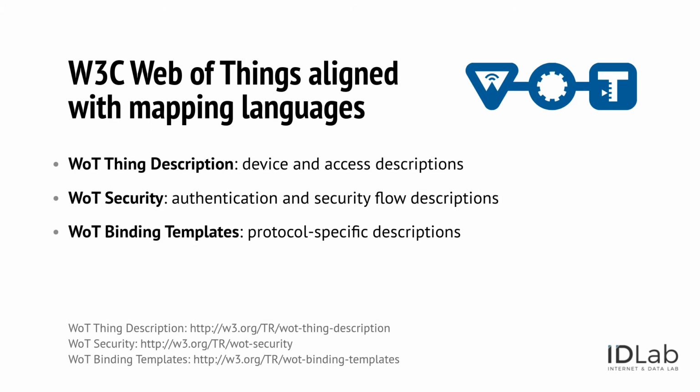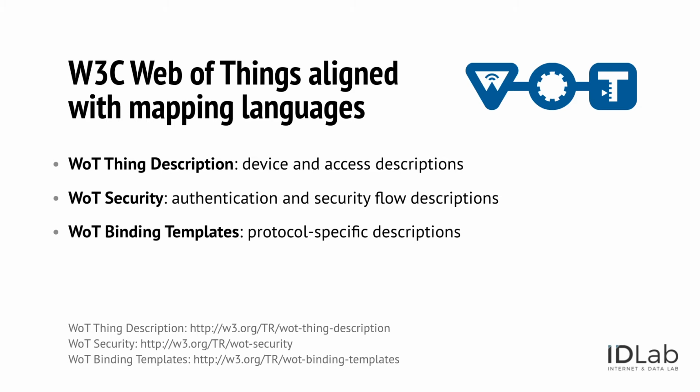We used three recommendations. The first one is the thing description that specifies the access to web APIs and streams. It describes the location of the web API, the kind of content you retrieve, and so on. The second is the security. This recommendation specifies the authentication and security flows when accessing this web API or stream.